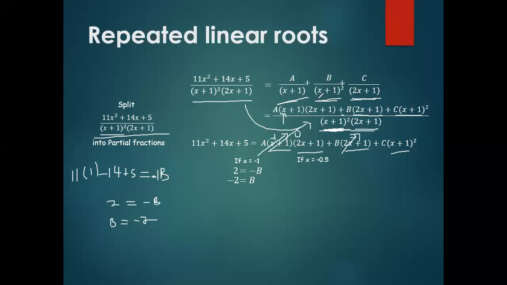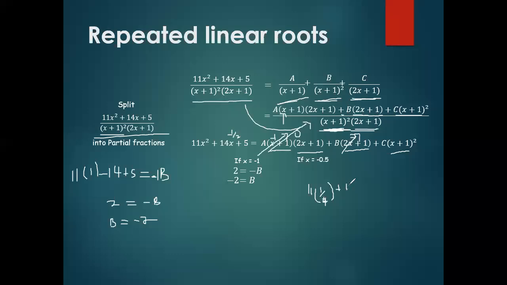So for C, this time x is minus half. So we have 11 times negative 1 over 2 squared, which will give us 1 over 4. Plus, once again we have minus half, so the negative will affect the 14.